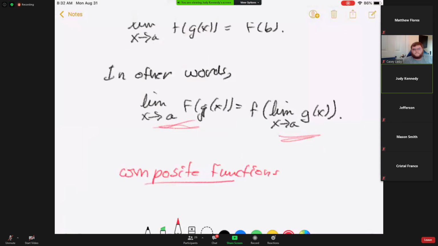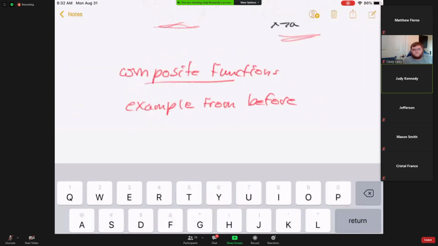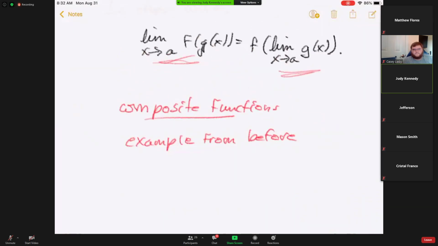When we moved the limit inside the square root, we were doing the same thing. It doesn't really matter exactly which function it was.